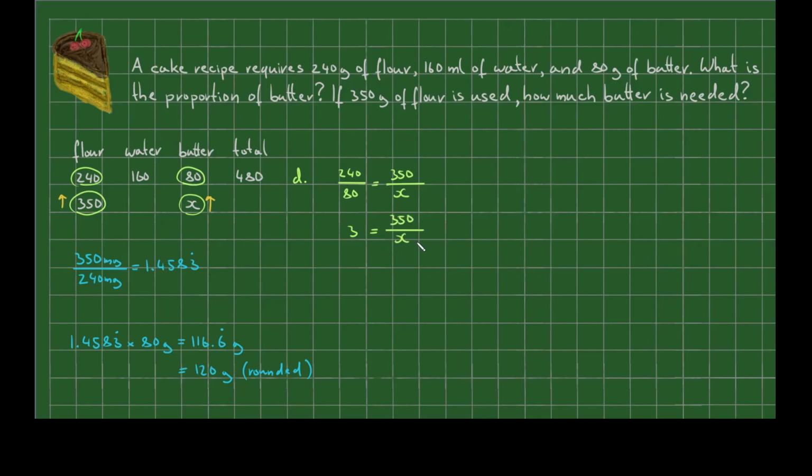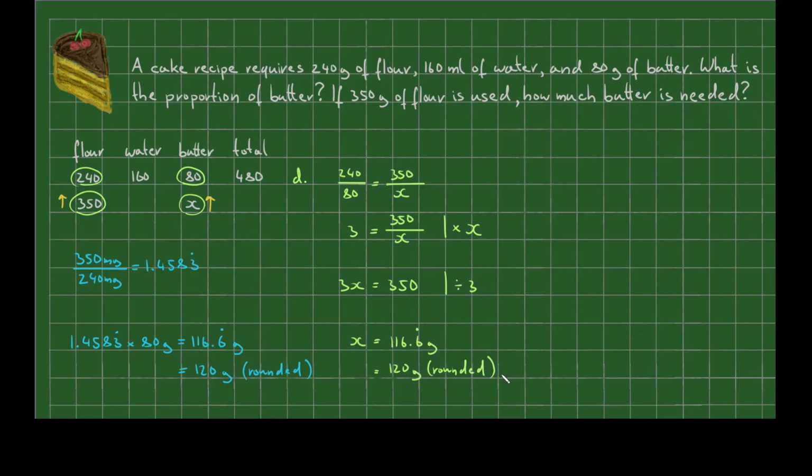I cannot solve for the unknown so long as it is beneath the division line. So I need to multiply both sides by x, and that will give me 3x equals 350. And then I need to transpose the 3 by using division. 350 divided by 3 is 116.6 recurring. So once again, I get the same result.